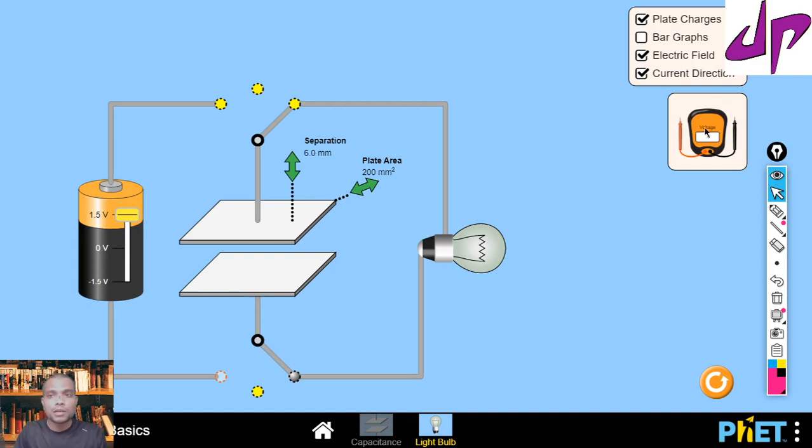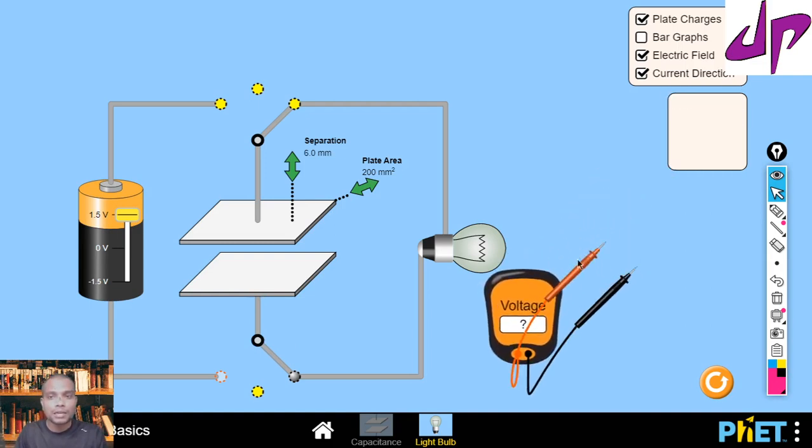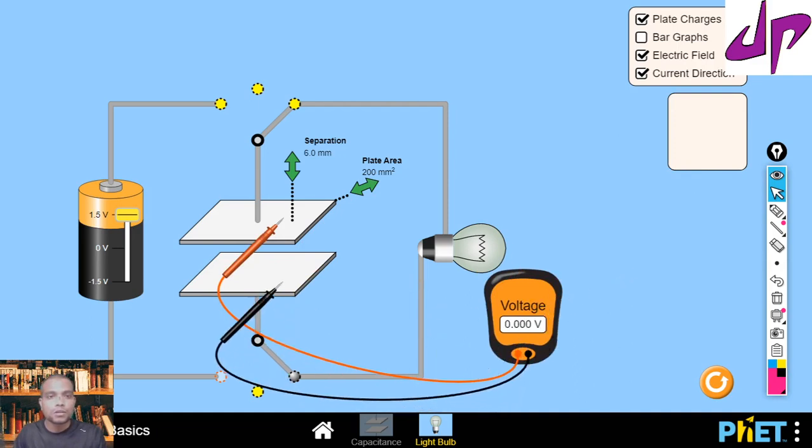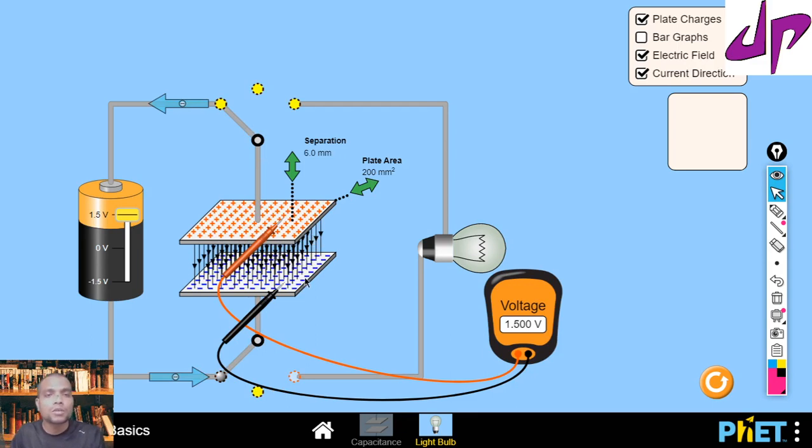You can understand this if we connect a voltmeter here, because that is not a constant voltage. If it were a constant voltage, the bulb would always glow brightly, constantly, just like in our houses. But this is just like a flashlight.